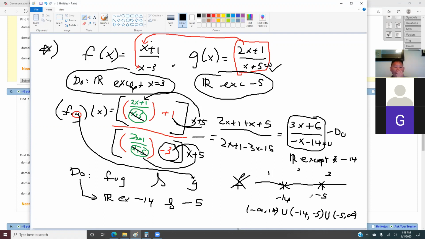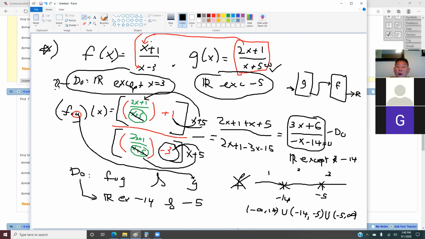So Parker asked me why we don't take care of this domain. The reason is that if I draw a picture for this, doing f∘g means whatever you plug into the g function, the output will be plugged into the f function, and then the result is what we need.